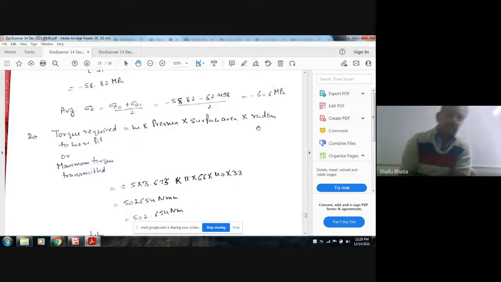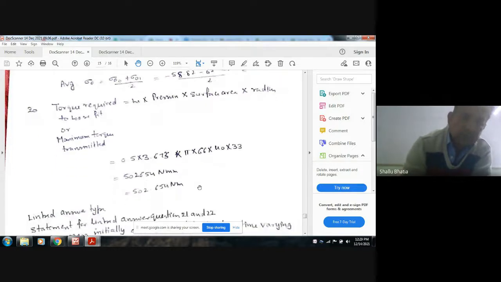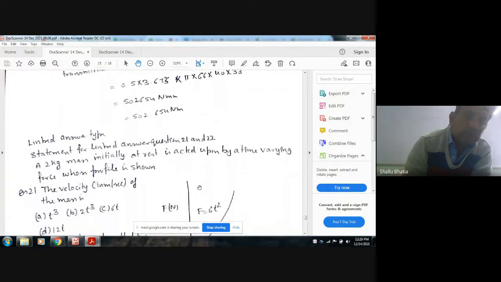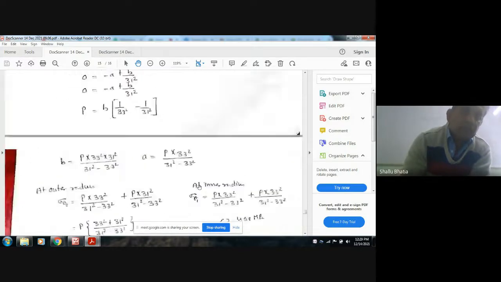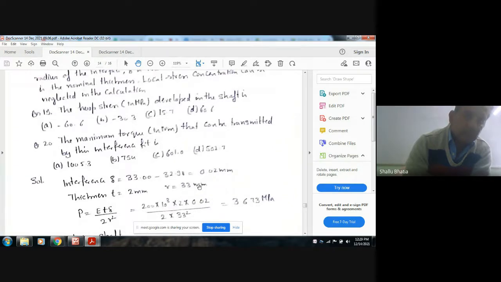By putting mu equal to 0.5 and the pressure we have found, 3.673, which is a stress, and area pi into diameter of common radius 33 and L 40, the answer is 502,654 Newton mm or 502.654 Newton meter. So the answer is option D.